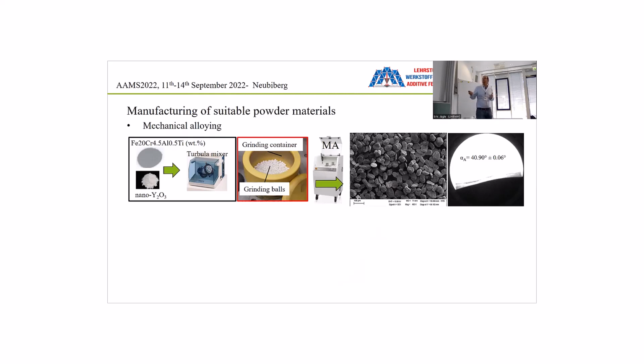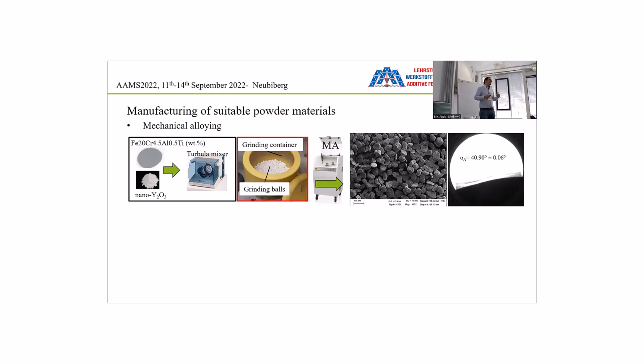What we did here is we took our steel, this gas atomized powder material, which had this composition. We have a fair amount of aluminum, about 5%, and some titanium, 0.5, not that much. And we added yttrium oxide, 0.5 weight percent. Keep in mind 0.5 weight percent is about what we are adding.